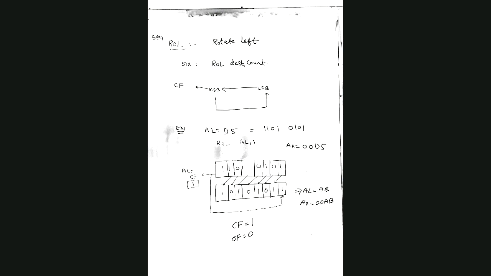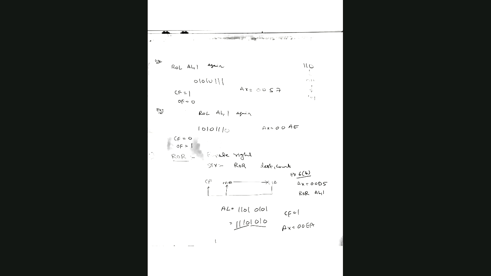Okay, no problem. Now, look here. Initially, it is D5. When I do that, I get 57. Carry flag is 0. This is understood. Then next part is, again we are doing this. We have 57.